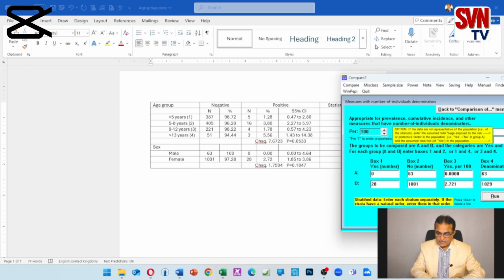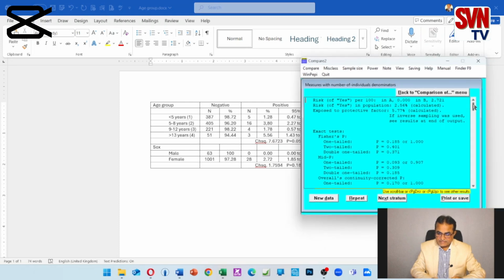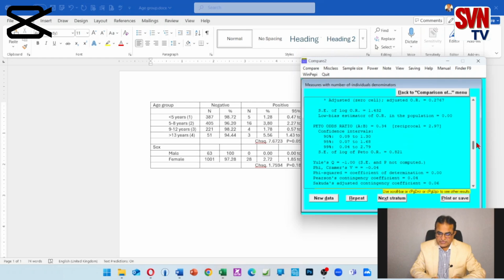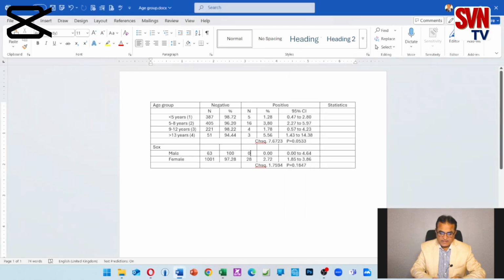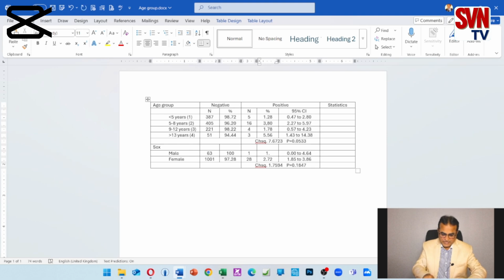We will ask to run it. And here it has given us an odds ratio, but this odds ratio is 0 because we have a 0 value. If there is a 1 here, then it is 1.56.